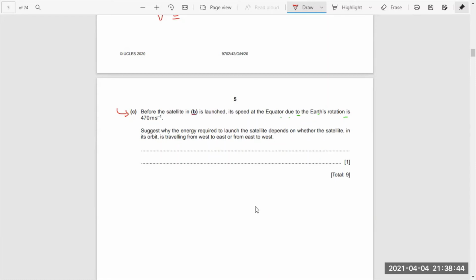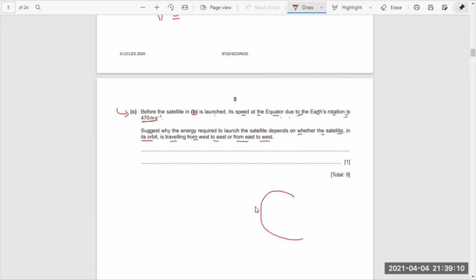Before the satellite in B is launched, its speed at the equator due to the Earth's rotation is this. Why the energy required to launch the satellite depends upon whether the satellite in its orbit is traveling from west to east or from east to west is very important.